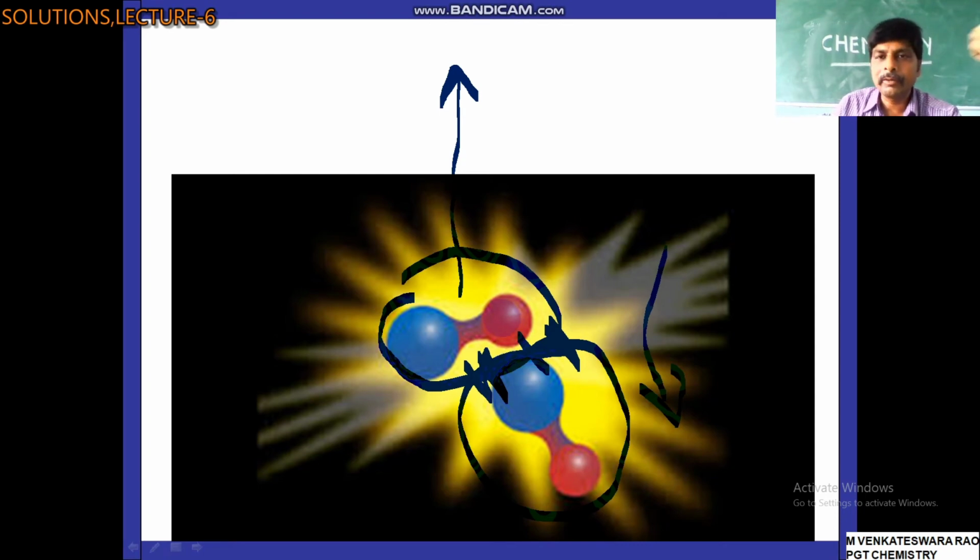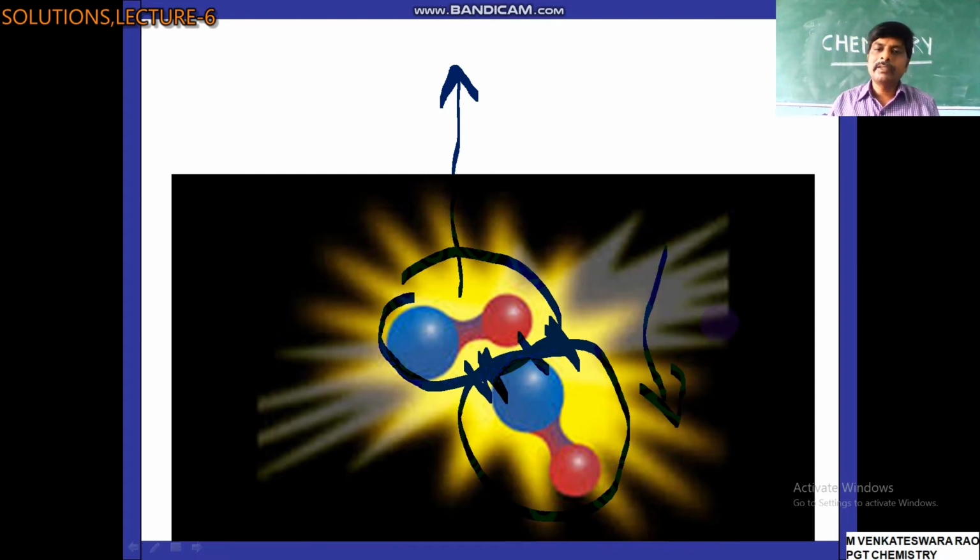During collisions, if this molecule gains energy, it will go upside. If this molecule loses energy, it will go down. During collision, energy change will take place. If a molecule gains energy, it will rise up. If a molecule loses energy, it will go down.